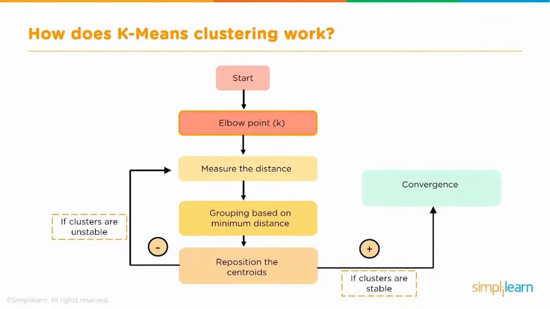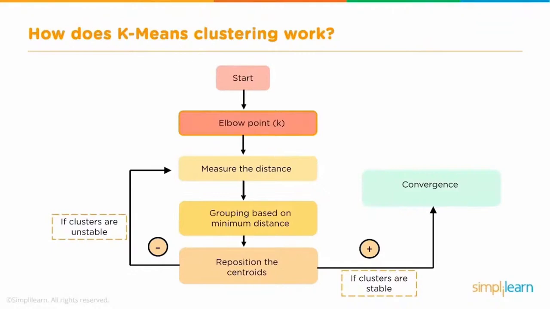Or there is a technique called the elbow technique, whereby we can determine the value of k. What should be the best value of k? How many clusters should be formed? So once we have the value of k, we specify that, and then the system will assign that many centroids. So it picks randomly, to start with, that many points that are considered to be the centroids of these clusters.